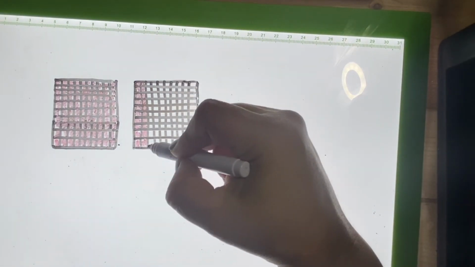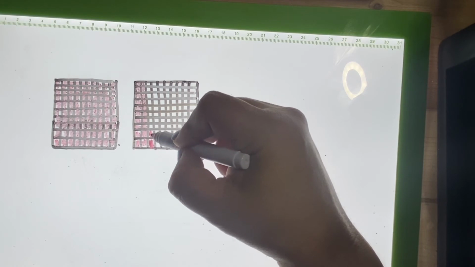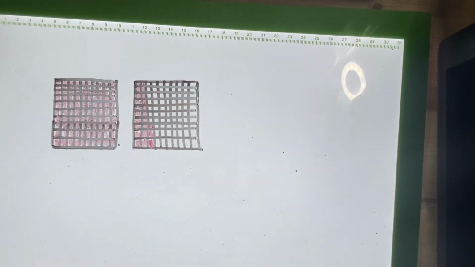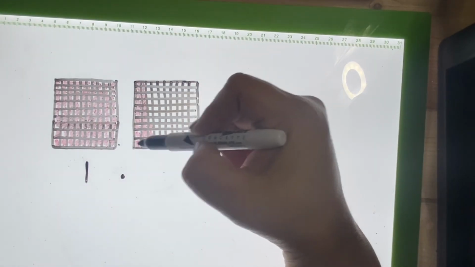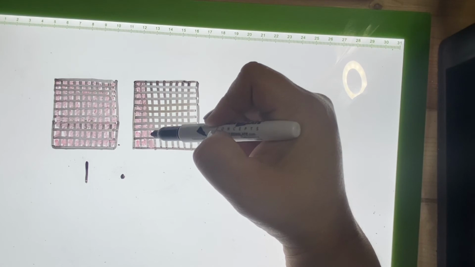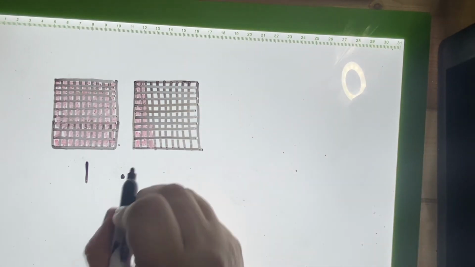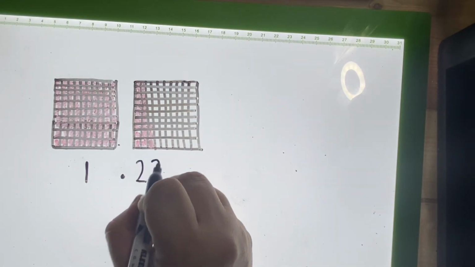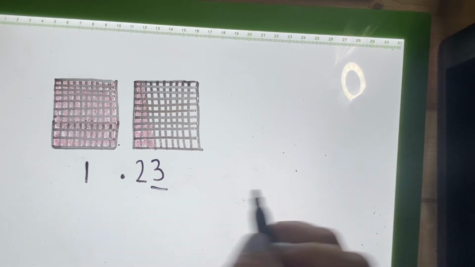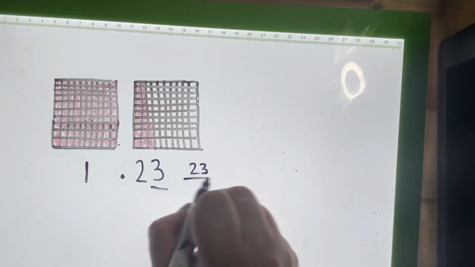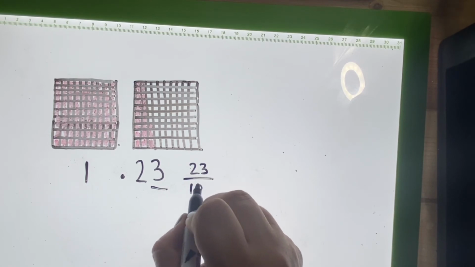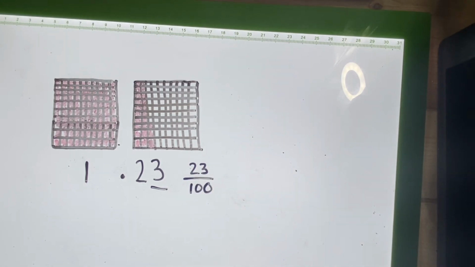This shaded in, but we had that shaded in. I still have 1, and I know this was 20, 21, 22, 23. 23 hundredths, just like that.